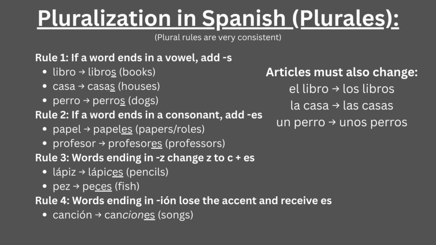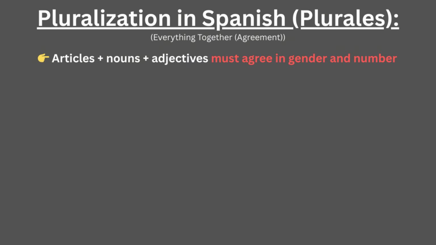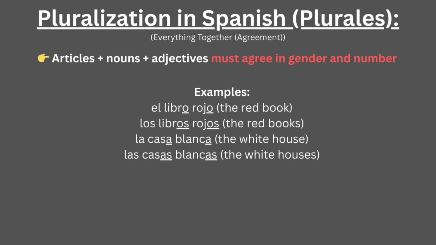The last thing to note is that when everything is put together, every concept must agree in gender and number, including adjectives, which are often placed after the noun, like in the following sentences. El libro rojo. Los libros rojos. La casa blanca. Las casas blancas.